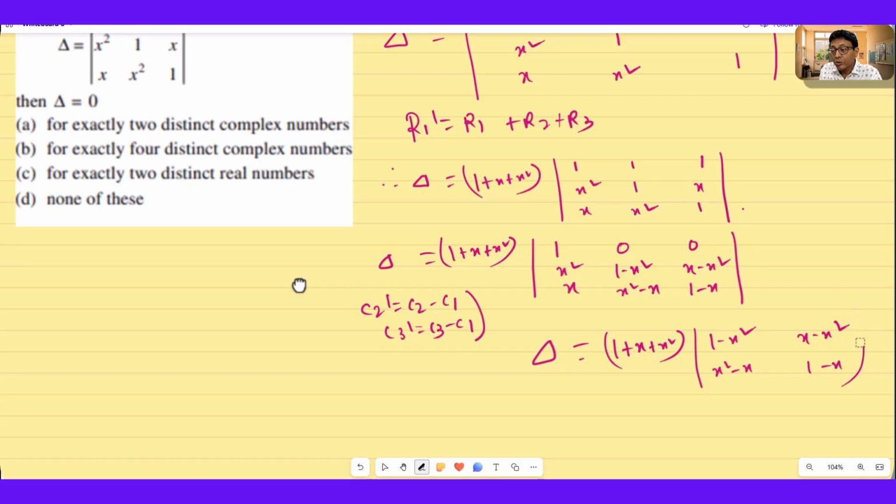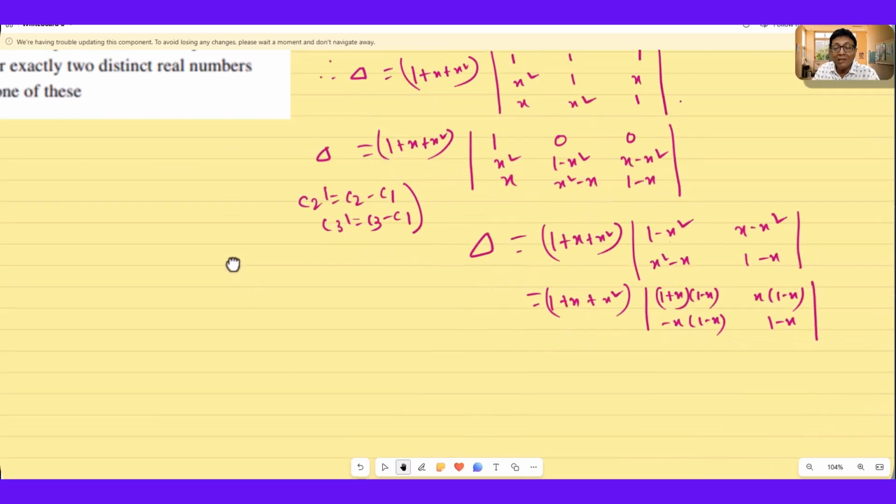Sorry, so this is a determinant only. This will give us 1 plus x square, and then you take 1 minus x common, because this is 1 plus x, this is x into 1 minus x, minus x, 1 minus x, 1 minus x.